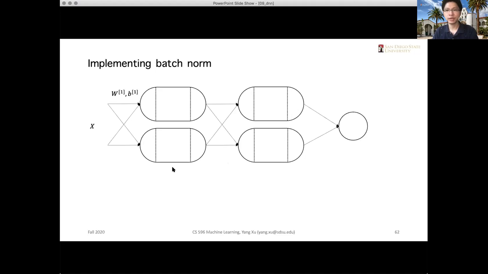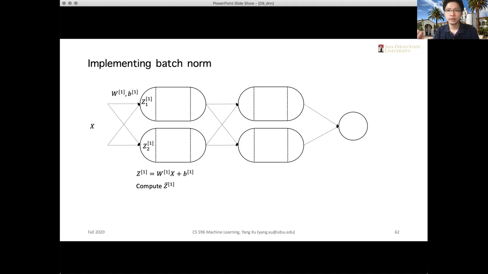So the first layer we have parameters W1, B1, and we have Z1 and Z2 computed in the regular way. Okay, so then after the regular Z's are computed, we'll need to compute the Z bar, which contains the average values for Z, right?